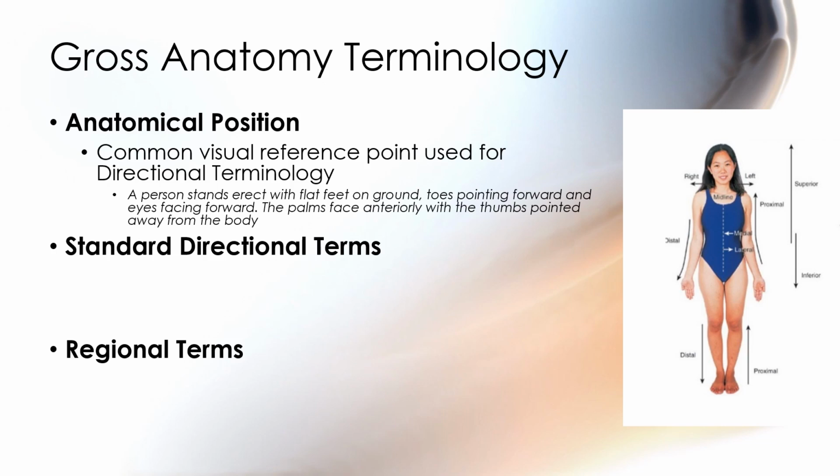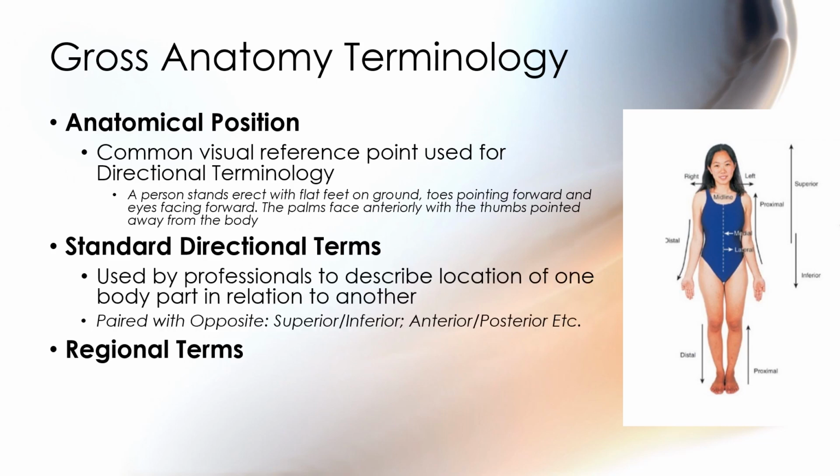Now, when we talk about these different parts of the body and their relationship to other parts of the body, that's using directional terminology, or directional terms. Professionals can't just say, oh, the ankle is below the knee, or the elbow's next to the hip, or something like that.